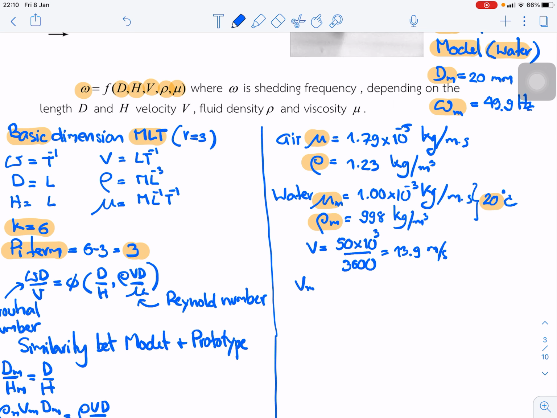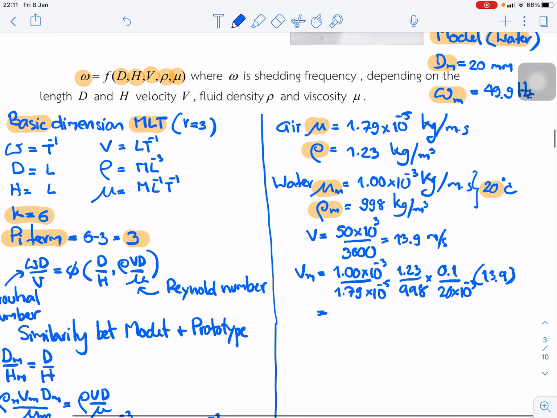And we can estimate the velocity of the model as the ratio of mu, mu of the model divided by mu of the air, and the ratio of the density of air divided by water, and the ratio of the length D, times the velocity of the prototype.